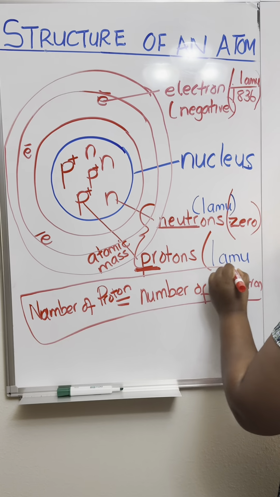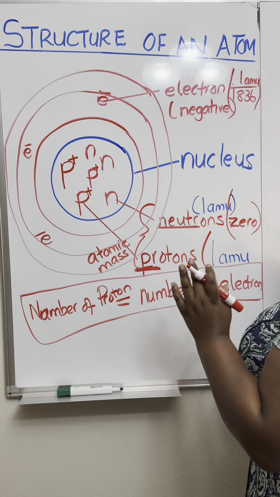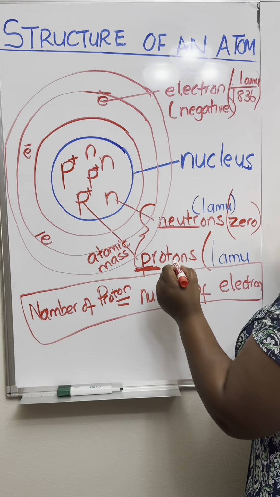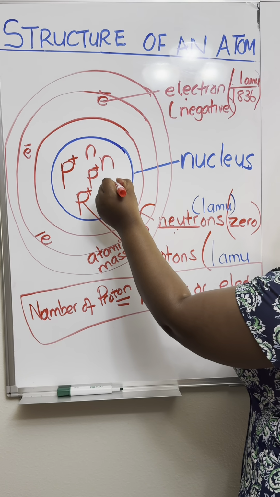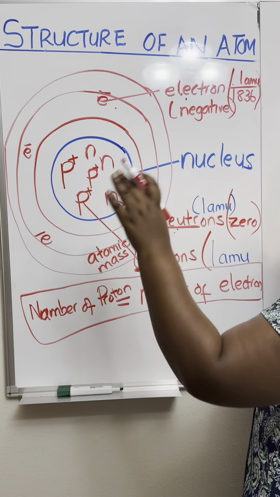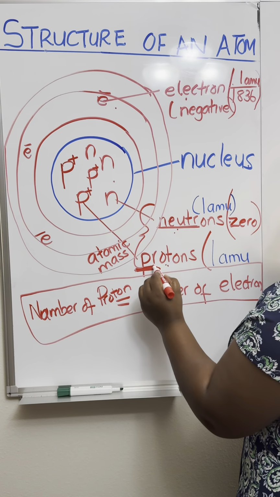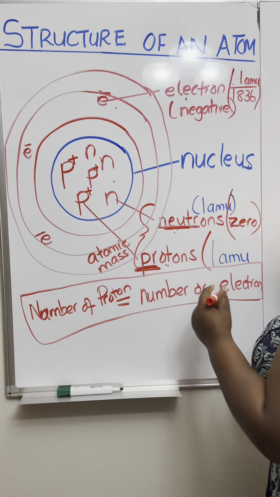This is something we need to remember. So in summary, we have 3 atomic subparticles, which are protons, neutrons, and electrons. Protons and neutrons are found inside the nucleus, whilst electrons are found in energy shells surrounding the nucleus. Protons carry a positive charge, neutrons carry no charge, they are neutral, and electrons carry a negative charge.